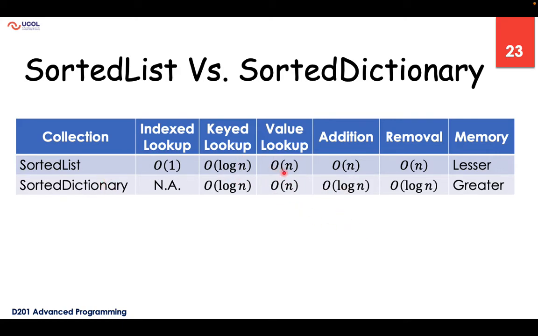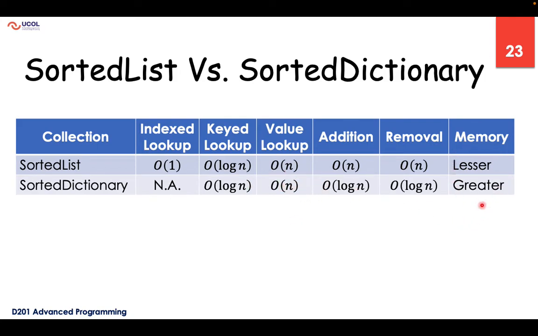But if it is O(n squared) or exponential, like a raised to power n, then they are not. Since we have O(n) or log n, the sorted list and the sorted dictionary have very efficient methods for addition, removal, and key or value lookup.